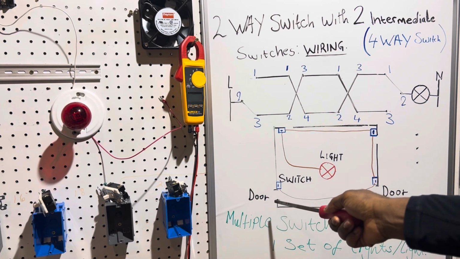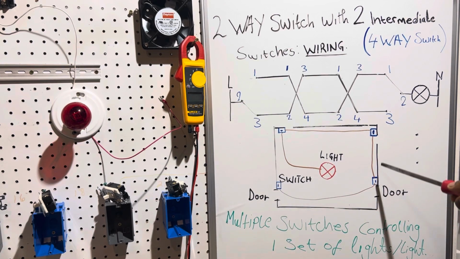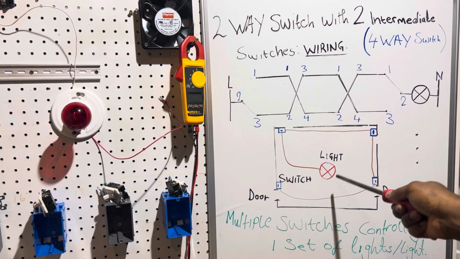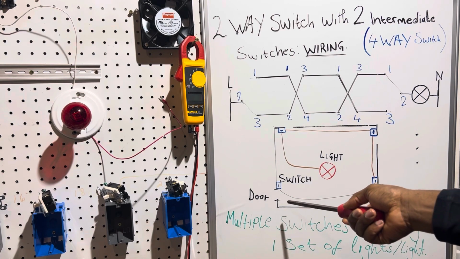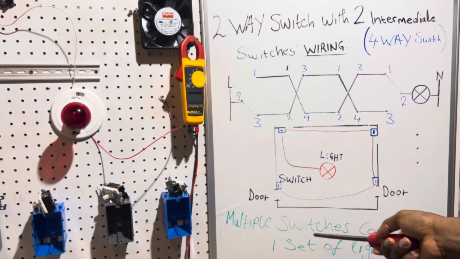For example, you have a door here, a door here, a door there, and another door there, and then there's a light here. This is how you wire it. That's a two-way switch right there.